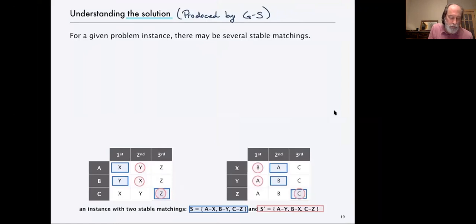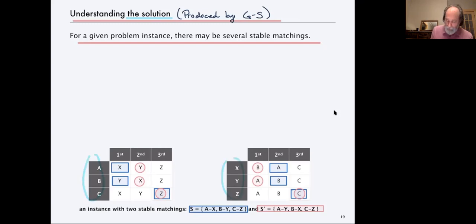Okay, so we'd like to understand the solution produced by the Gale-Shapley algorithm, assuming now that I'm not lying and that there is a solution that it produces for any given instance. So first, let's just observe that for a given problem instance, there can be several stable matchings. So here's a very small instance, right? 3 hospitals, 3 students.